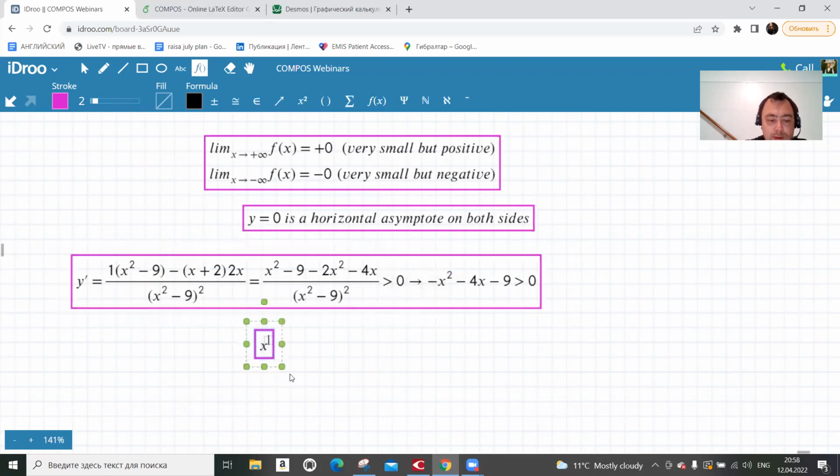So I'm going to write x squared plus 4x plus 9 is less than 0. Solving that, we need two numbers which multiply to 9 and add to 4. Oh, there are no such numbers.